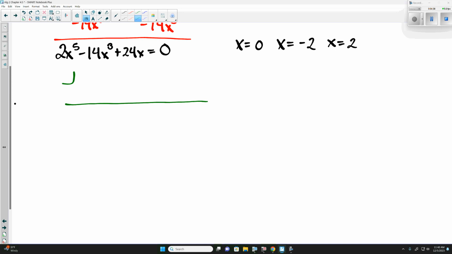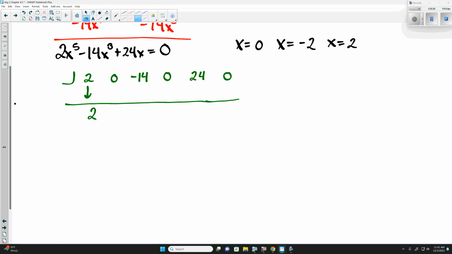The numbers going across the top would be 2 for x to the fifth. Since we don't have an x to the fourth term, we fill it in as 0. -14 for our x cubed, 0 for x squared, 24 for x. And since we do not have a constant term, a number without a variable, we'll fill it in as 0. Questions on this so far?